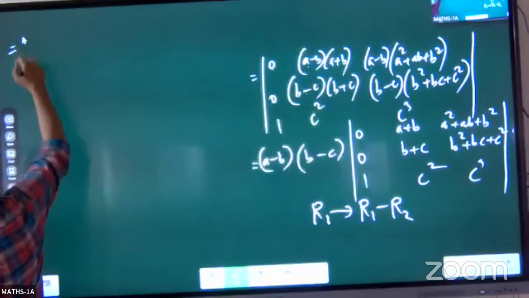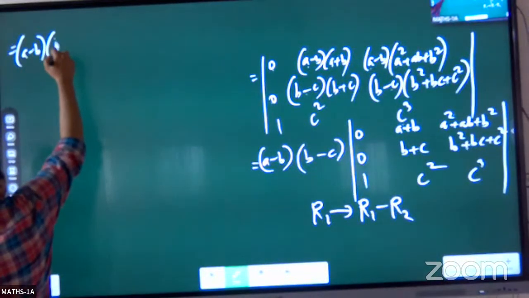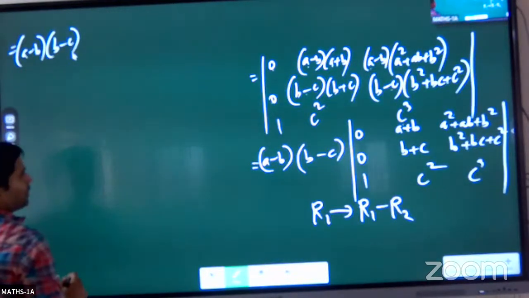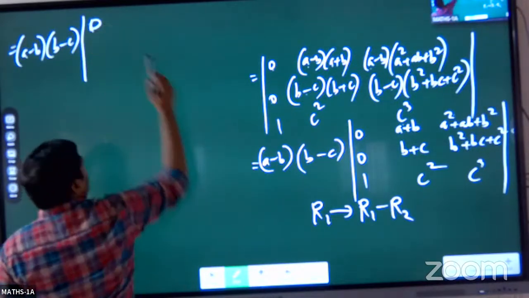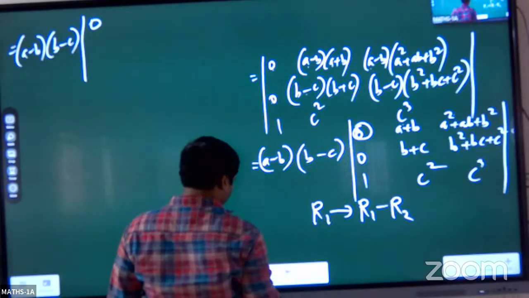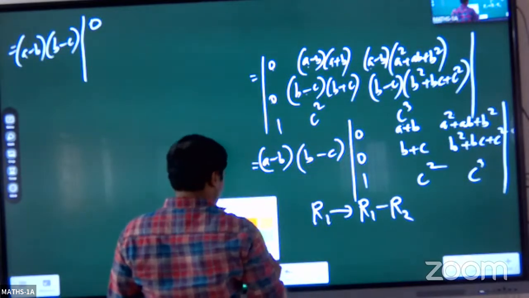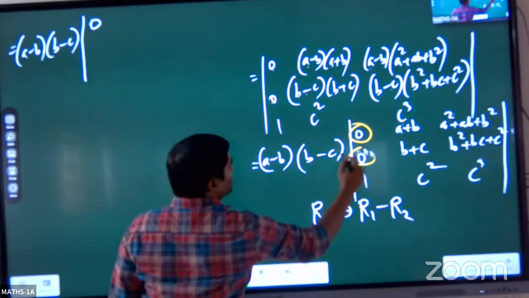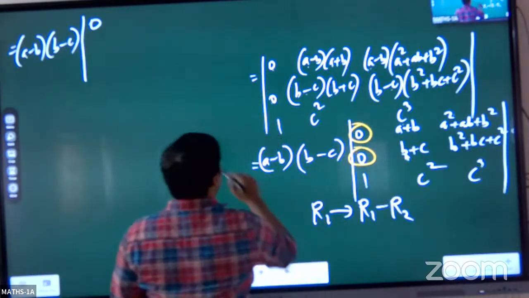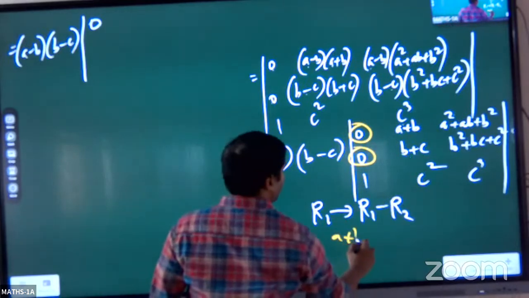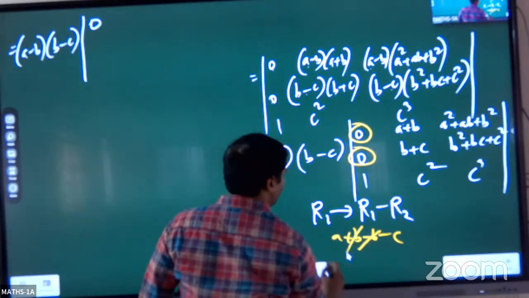That is nothing but a minus b, b minus c. R1 tends to R1 minus R2, I said. 0, 0, see. 0 minus 0 is 0 only. Here, a plus b minus b minus c. b gets cancelled.